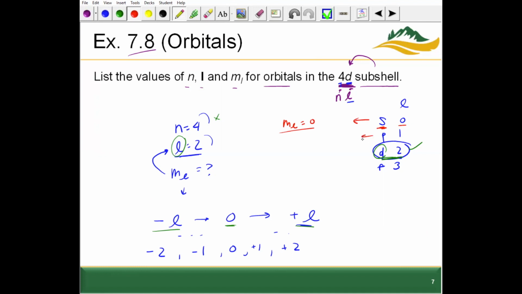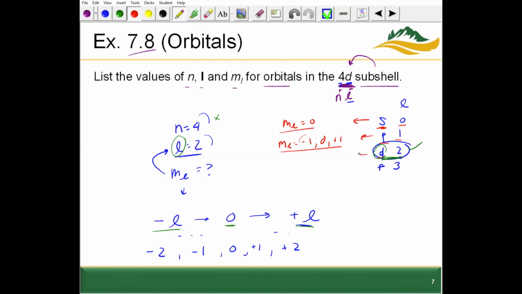What about for P? L is equal to 1 here. The possible m sub L values then are minus 1, 0, and plus 1. This makes sense for p-shaped orbitals because there are 3 different shapes, px, py, pz for the p orbitals.